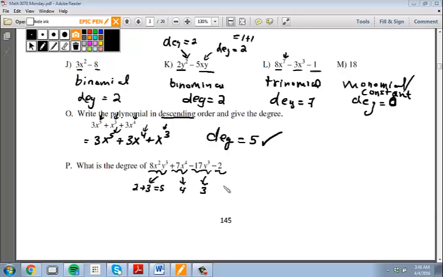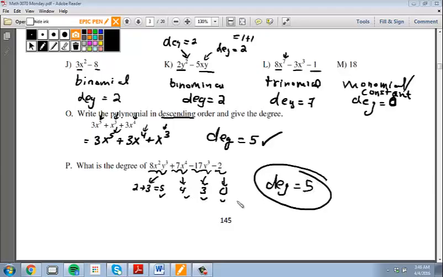And then we pick the highest of all of these numbers, 5, 4, 3, and 0, and it is 5. Alright, that one may have been the trickiest one just because you had to remember to add the 2 and the 3 on these two exponents because they were in the same term, and then pick the highest one overall. But I know that all of you can do this.